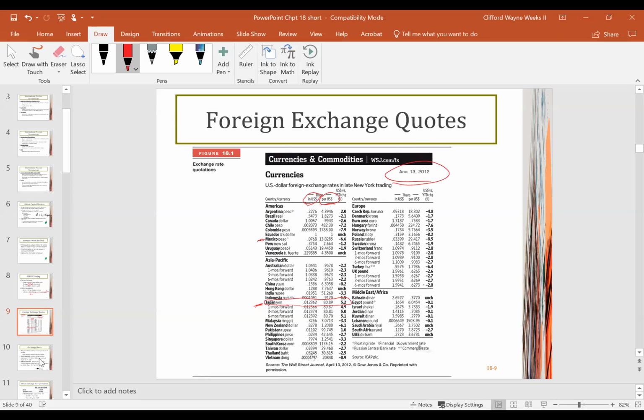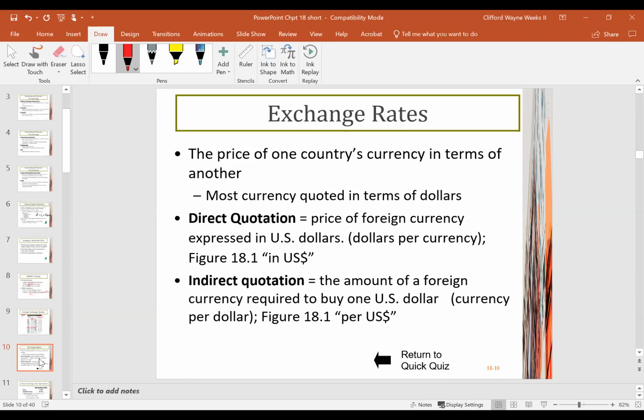And so exchange rates are the price of one country's currency in terms of another. Most currencies are quoted in terms of U.S. dollars, and so the direct quote is the price of foreign currency expressed in U.S. dollars, versus the indirect, which is the amount of foreign currency to buy $1 US, which is what we actually calculated.